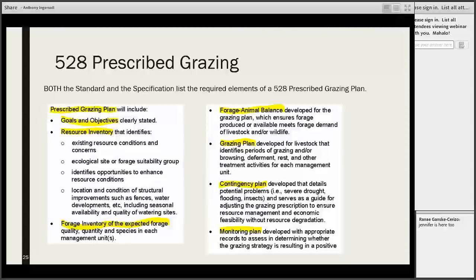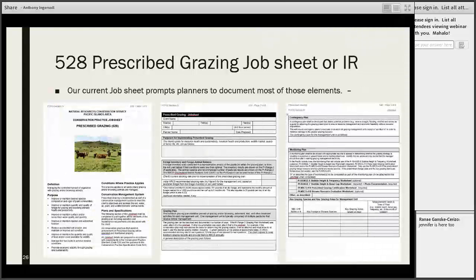Your grazing plan has to be developed and described. Contingency plan and a monitoring plan, all these elements are what goes into a complete prescribed grazing plan or job sheet. Our job sheet conveniently prompts the planner to document most of those elements in this format.